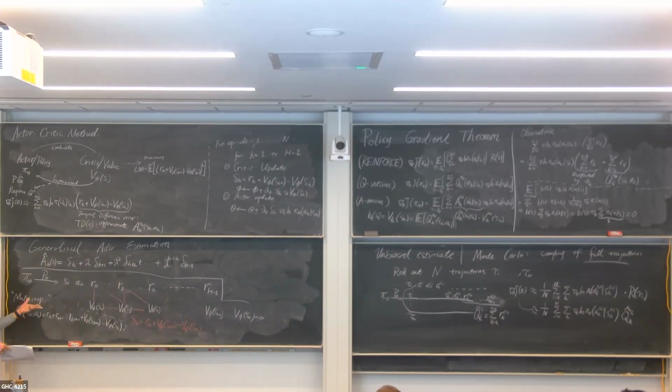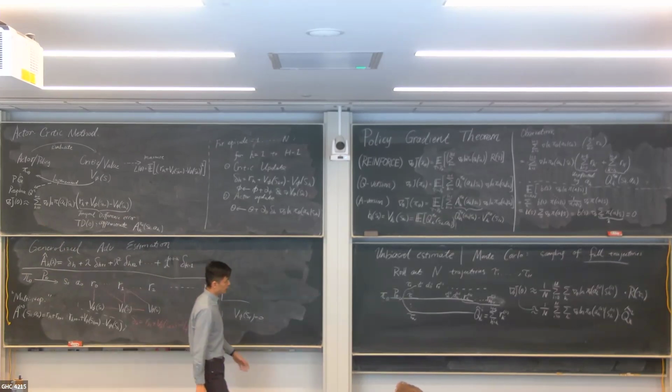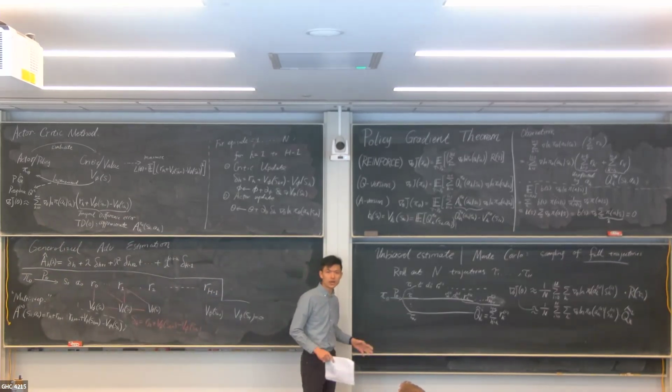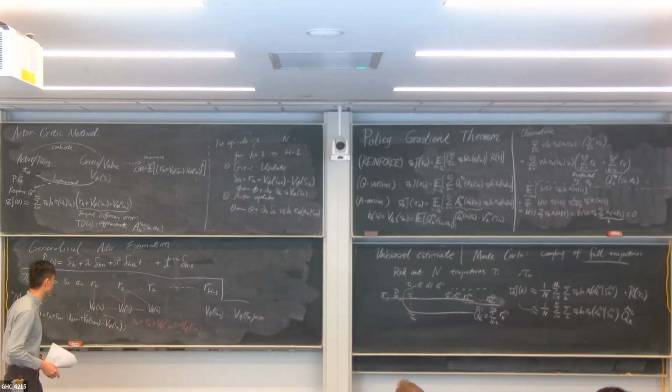But this is just an effective interpolation between the TD0 method, the usual basic actor-critic method that uses a single time step to update, and the Monte Carlo method that waits for the entire trajectory and only does stuff at the end. So this is sort of like putting weights on the future.